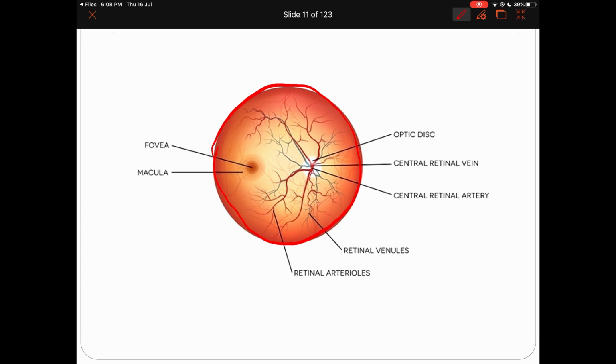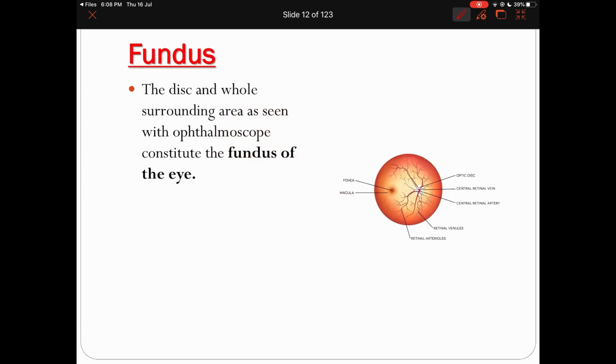The constrictor pupillae muscle constricts to narrow the diameter of the pupil when light is put, so you paralyze it by putting parasympatholytic drugs like atropine, homatropine, etc.